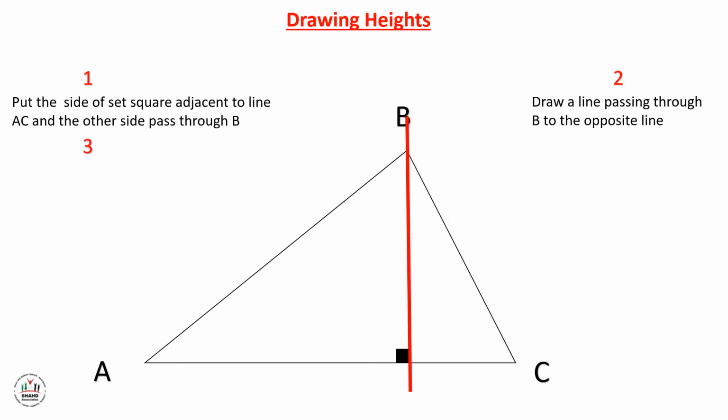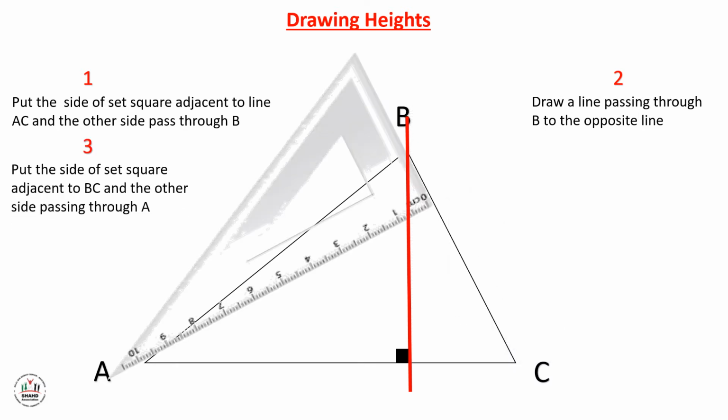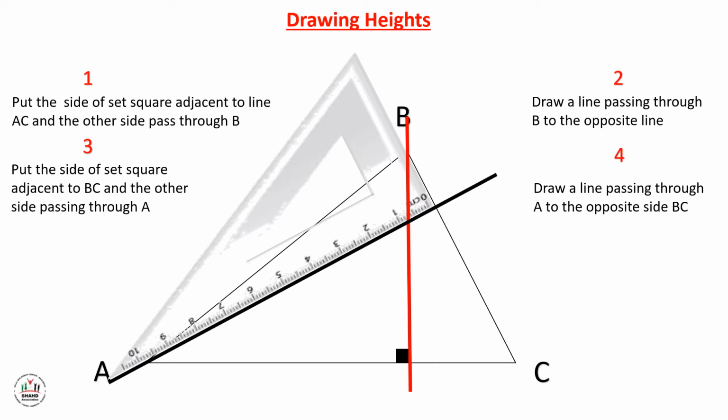Second height, we need to put the side of the set square this time adjacent to BC and the other side passing through A. And again, we need to draw a line passing through A to the opposite side BC.